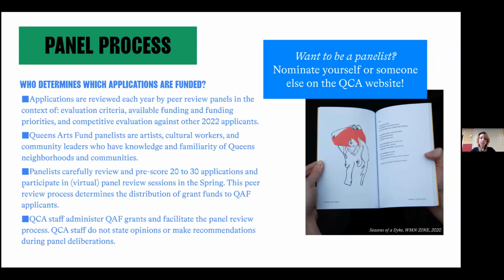QCA staff administers grants, so we help facilitate the process, but we do not make any funding decisions. After panels convene, panelists make recommendations as to which applications will receive funding, and ultimate approval is made by QCA's Board of Trustees.